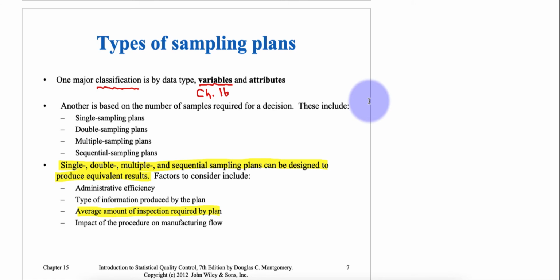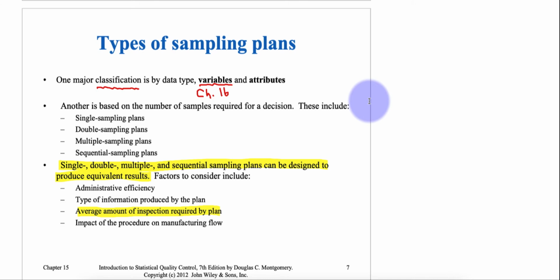And if we get the same results with different plans, with different average amounts of inspection, we are just going to select the sampling plan with the minimum amount of inspection, because it will create equivalent results with the other plans, but we will reduce the amount of inspection.